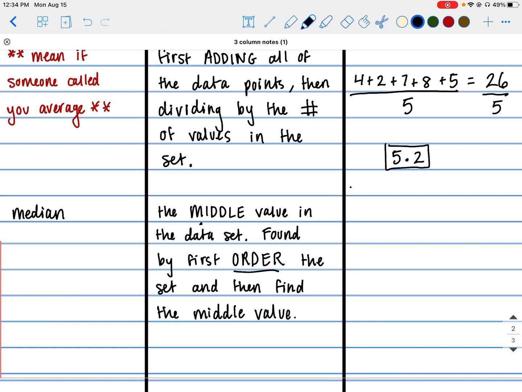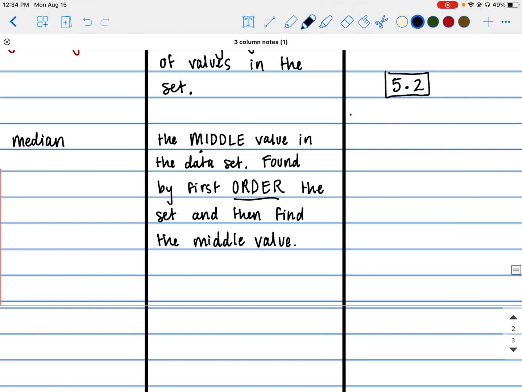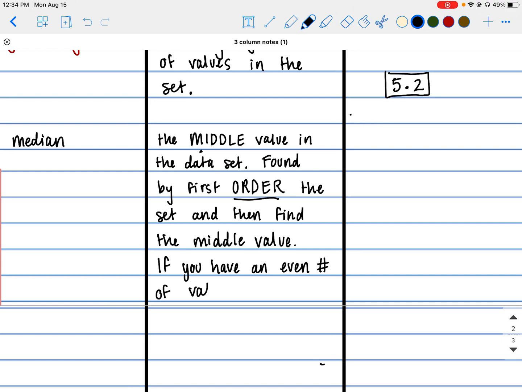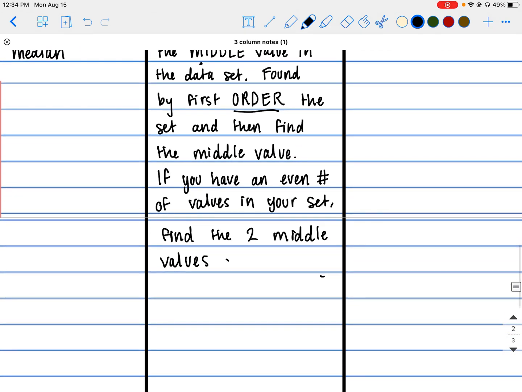Now, if you have an even number in your data set, there's going to be 2 in the middle, but we never have 2 medians. So if you have an even number of values in your set, you're going to find the 2 middle values and find their mean.